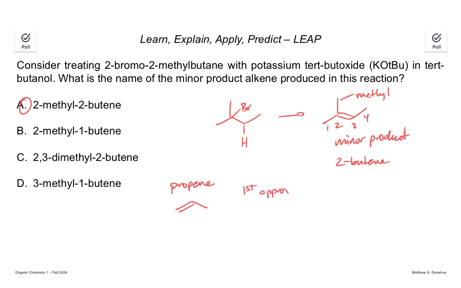So from a first approximation, you would say there's 3. So it would be 3, 2, 1, just going in descending order. So 3, 2, and 1.